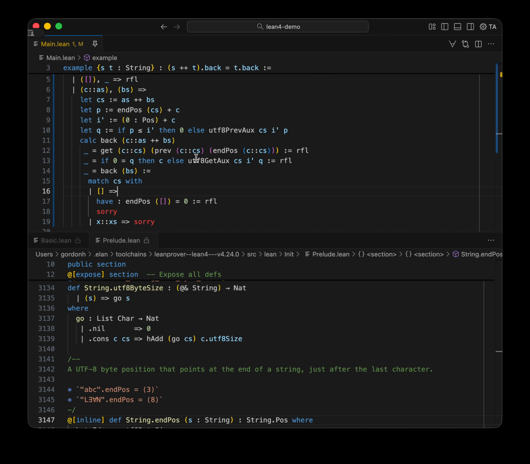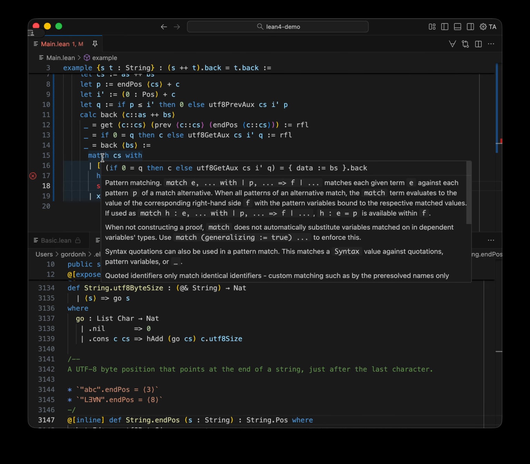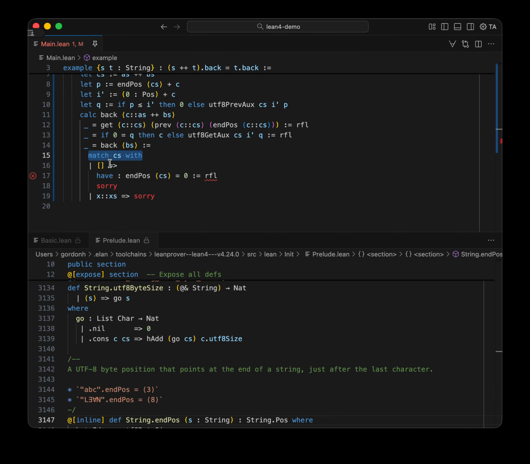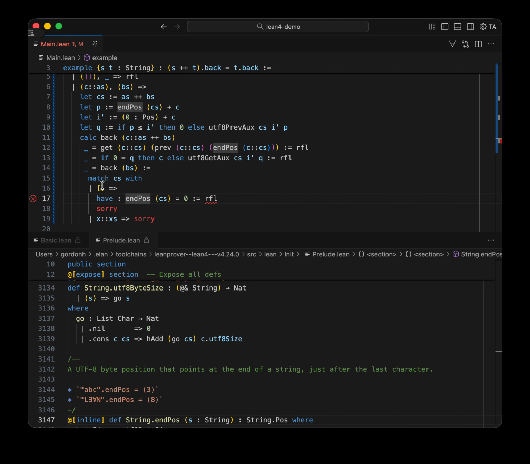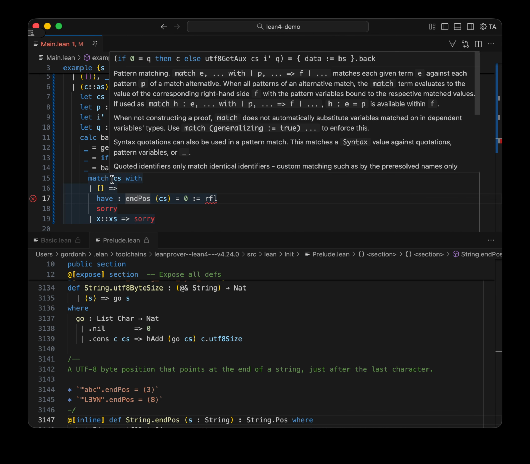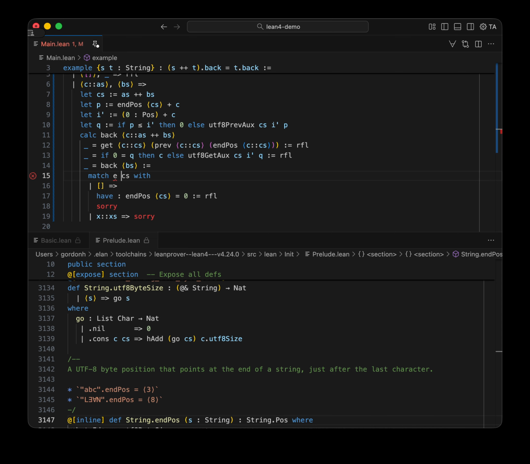Okay, now it is. But what I want is CS. Okay, the reason is that matching does not make CS and the empty string and the empty list definitionally equivalent. There's something going on behind the scenes that makes them only propositionally equivalent.